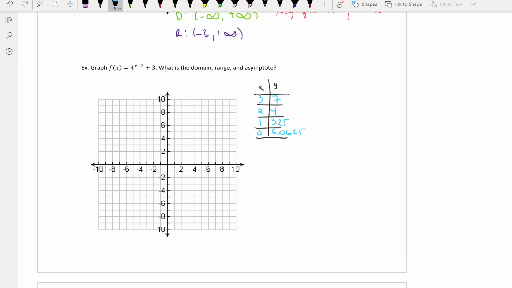And if I were to do -1 or -5 or even -6, it gets closer and closer to 3, but not really close to 3. Because this is a +3, that's where our asymptote is going to be. It keeps getting closer and closer to 3, but never reaching it. So now I know exactly what my asymptote is going to be.